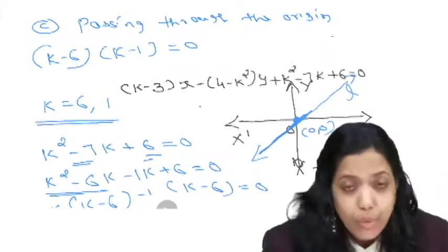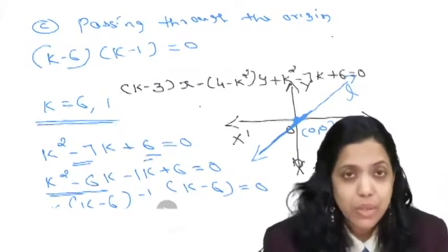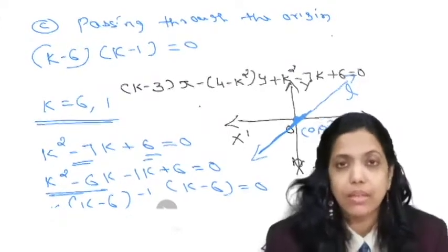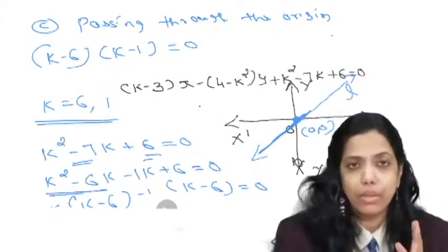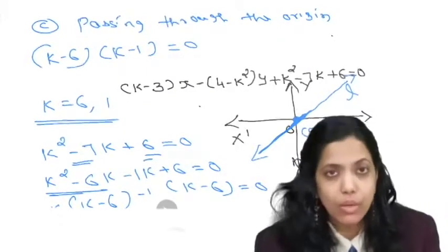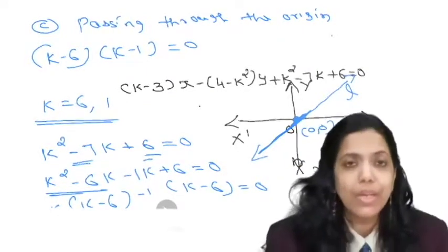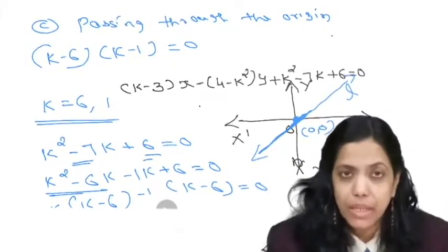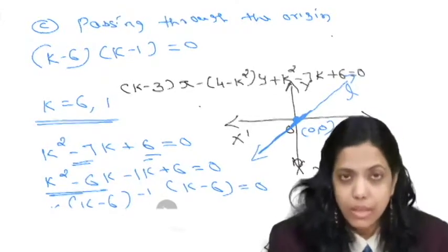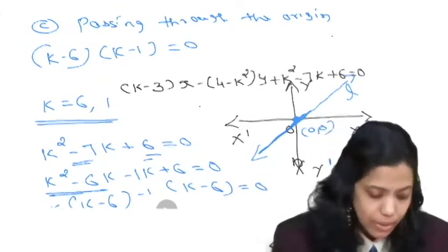If you are not aware, for the equation of the line which passes through the origin, we can consider the point of the origin, it is 0, 0. The coordinates, we are well aware of that one. We can substitute in the given equation the values of x and y as 0, 0, and we can get the same answer over here.